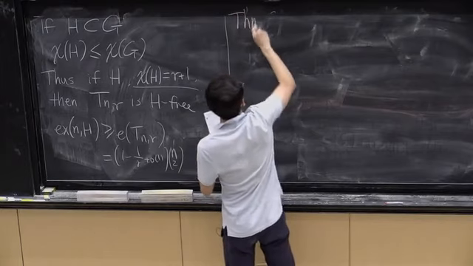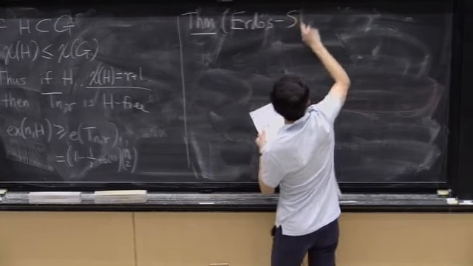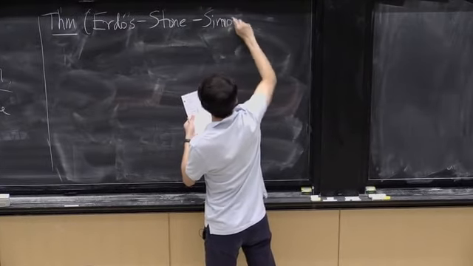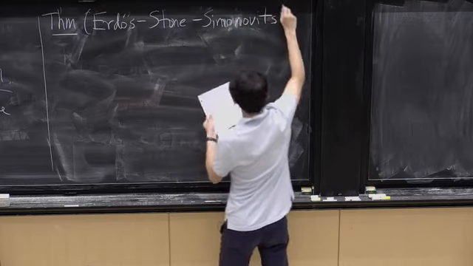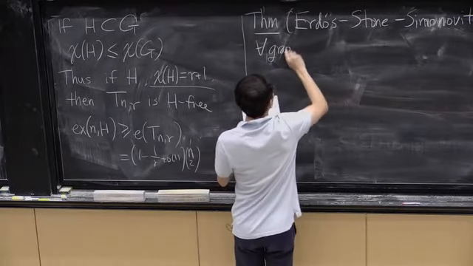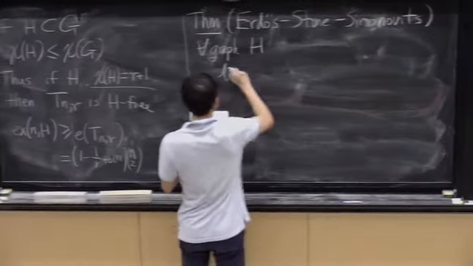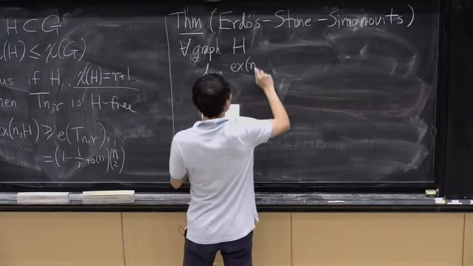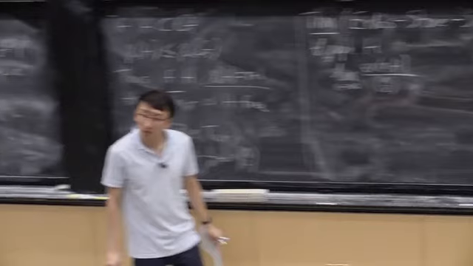And there's the theorem of Erdős-Stone-Simonovits that for every graph H, okay, so if I fix H, then the limit as n goes to infinity of the extremal number as a fraction of the total number of pairs.